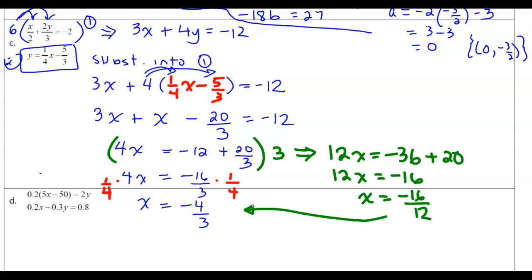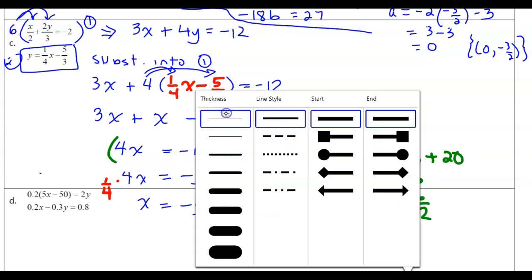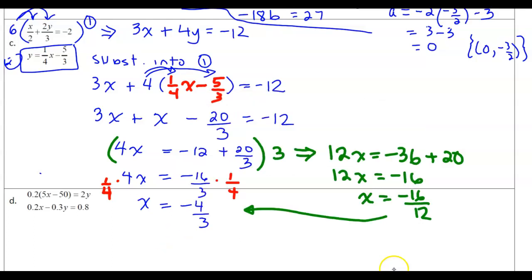Now we're not done. We need to solve for y. So from here, I'm going to erase this in a sec. I'm going to take negative 4/3 and put it back in. I could put it back into the y equals, because then it's solved for y. Or I could put it back into equation 1.